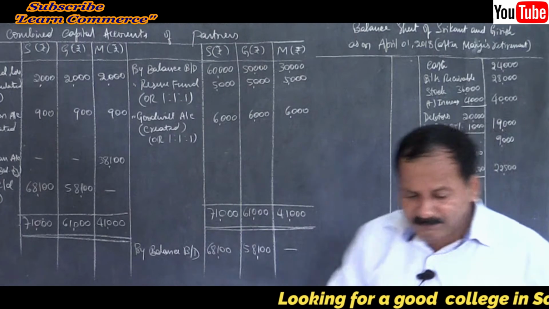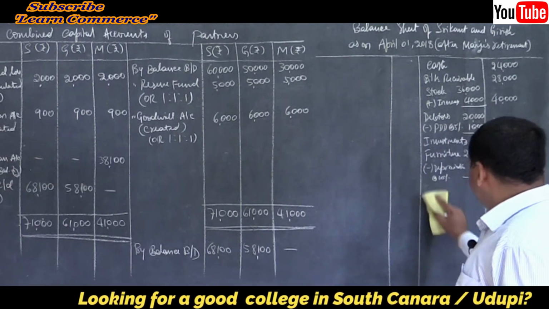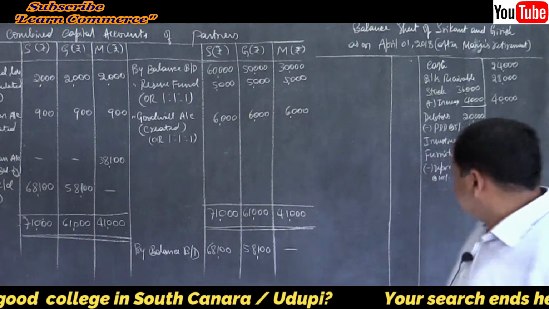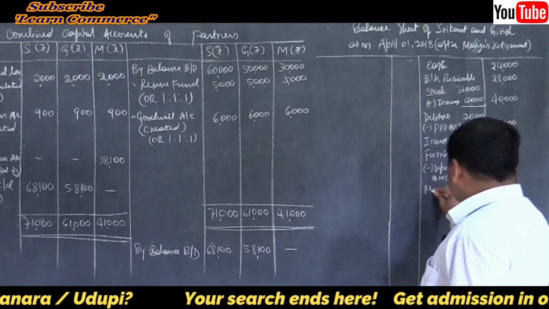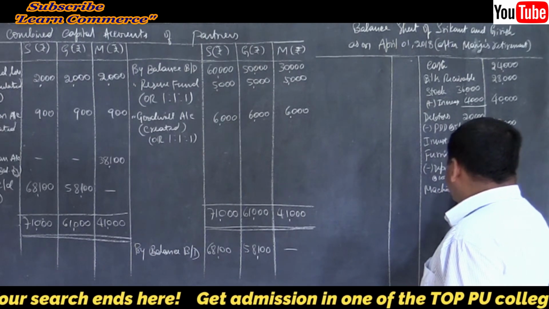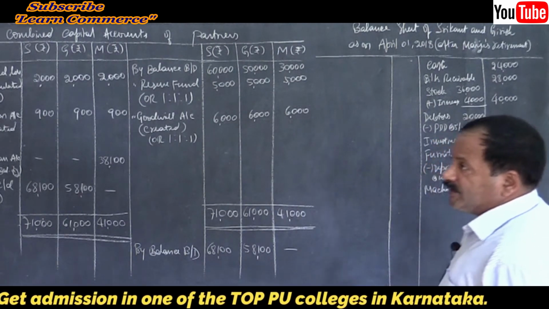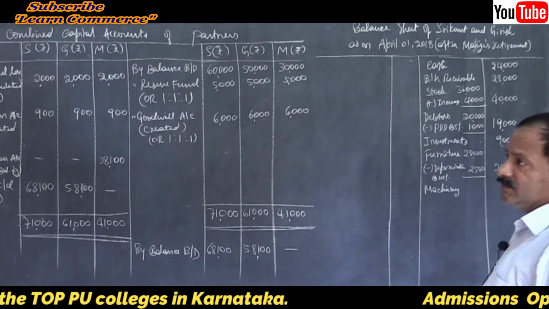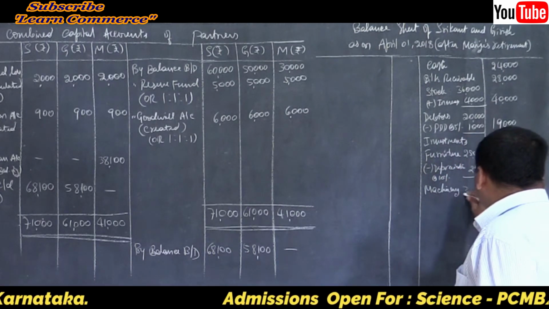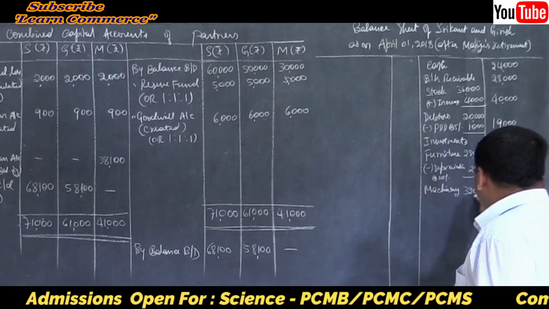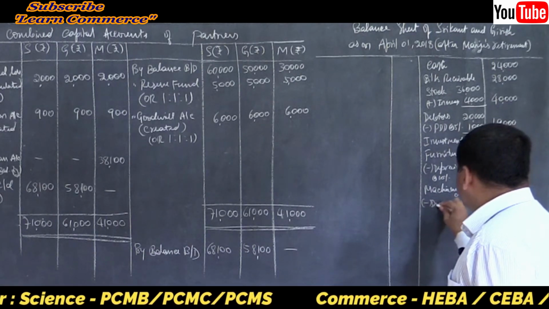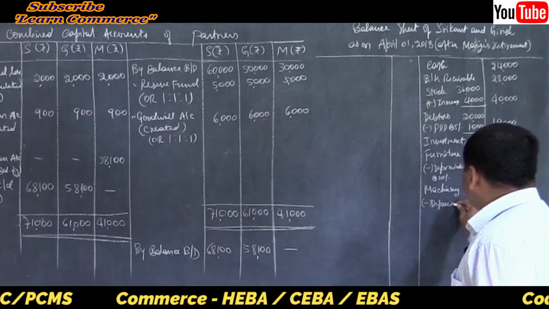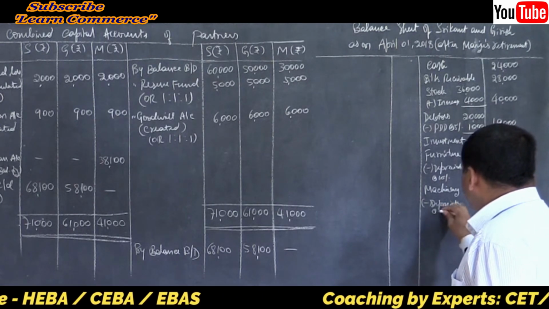Machinery, now you have to take up machinery. Is there any change? Yes, there is a change. So inner column machinery, refer your revaluation account, you will come to know, isn't it? 32,000 inner column less depreciation at the rate of 10% again, isn't it?